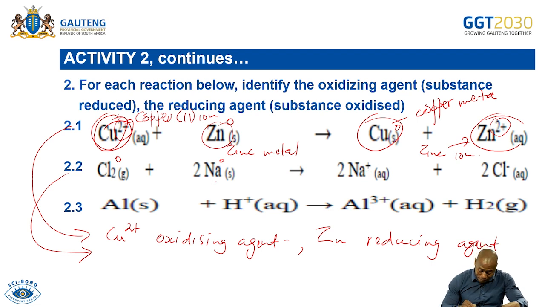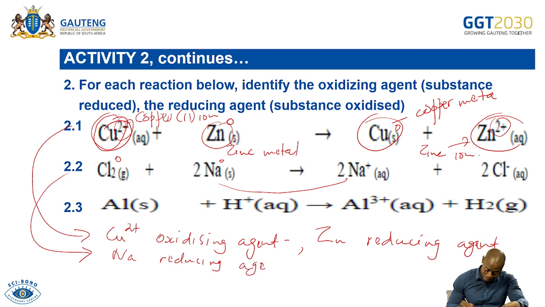So for sodium, there's an increase, from 0 to 1, an increase in oxidation number. Therefore Na will be our reducing agent. There's an increase, which means that it's being oxidized, so it's the reducing agent.